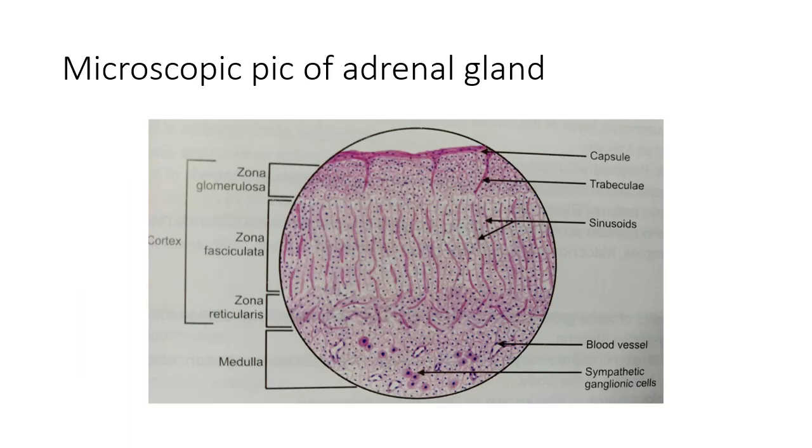Then coming over to the adrenal medulla, you will have to again draw very small polyhedral or rounded cells taking a basophilic staining, and in between them blood vessels and sympathetic ganglionic cells also.